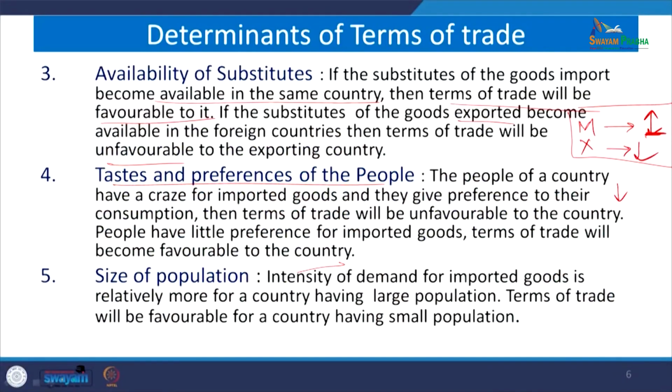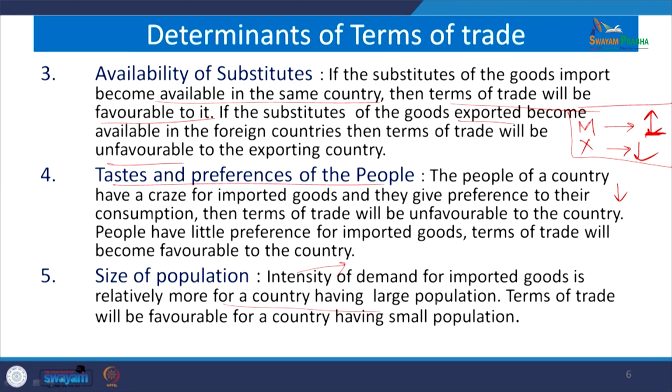So, intensity of demand for importable goods is relatively more for a country with a large population, and therefore terms of trade will be different. Now, I am emphasizing the elasticity patterns. If demand is elastic and the relative price of the importable good increases, it will be favorable to the country's terms of trade, since population is more.